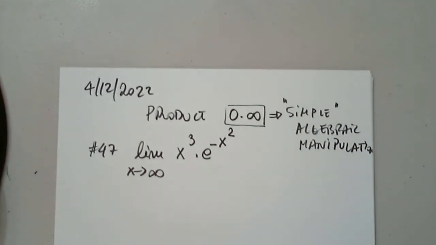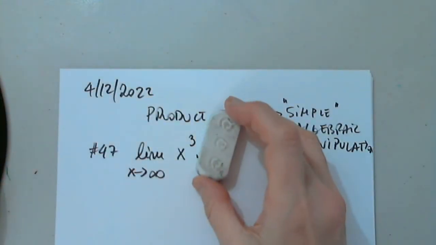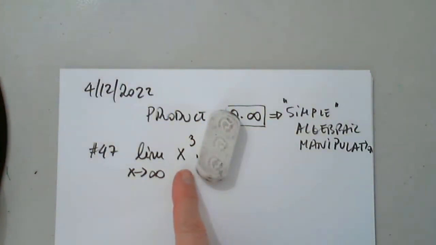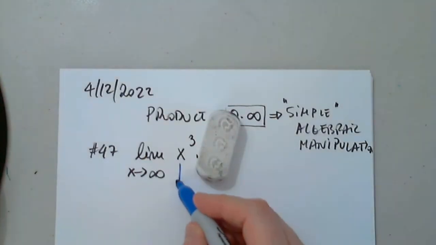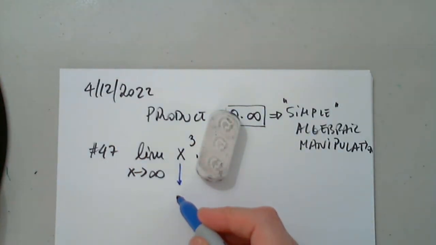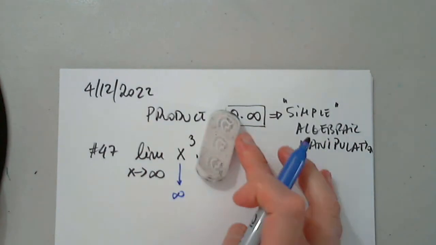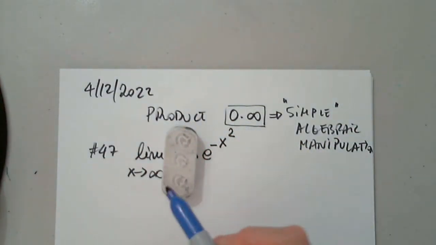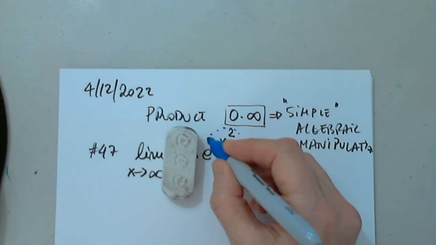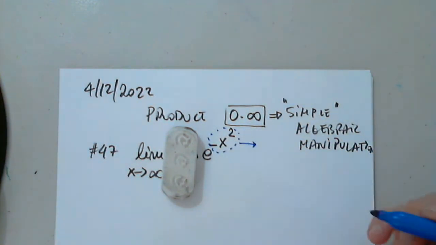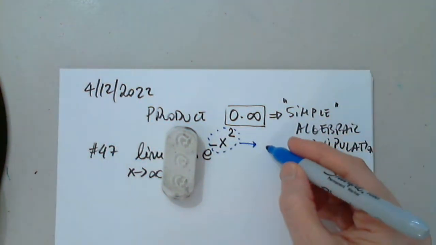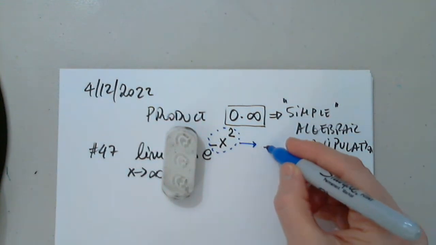So first of all, let's see what this is all about. When x approaches infinity, where is this going? Infinity. Thank you very much. When x approaches infinity, this piece is going where? Negative infinity. Very good.